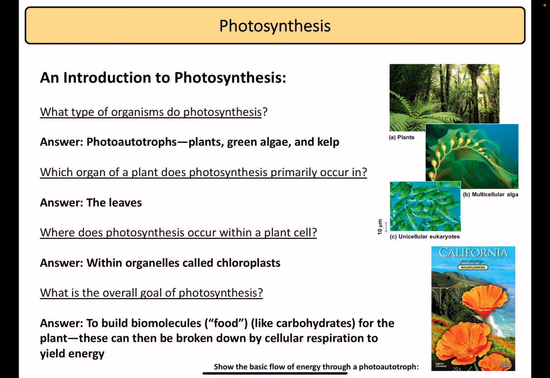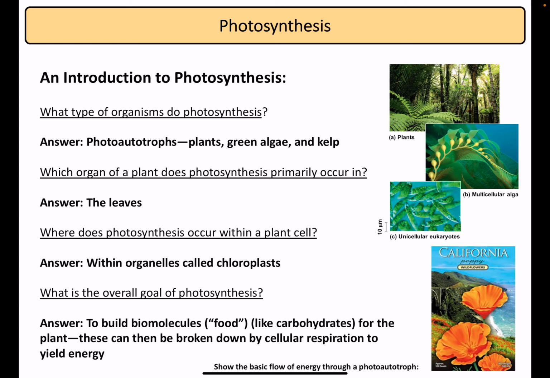So we're going to ask a few important questions here. The first is, actually we just answered this, what type of organisms do photosynthesis? I'll say it again. These are the photoautotrophs. Again, that includes all plants, also single-celled green algae, and multicellular seaweed, which is also a type of algae.